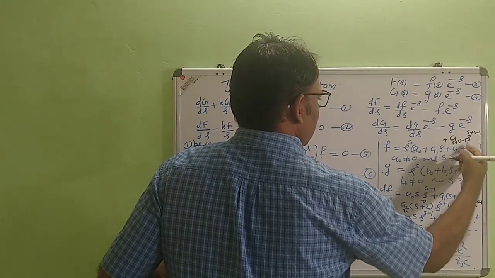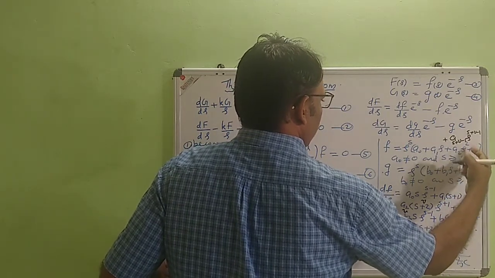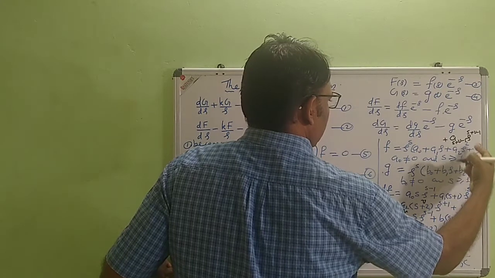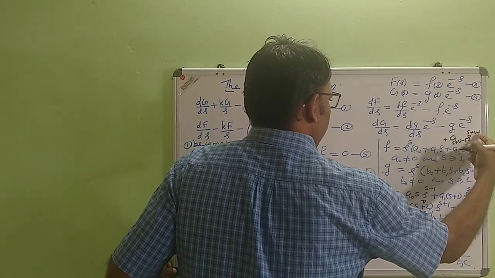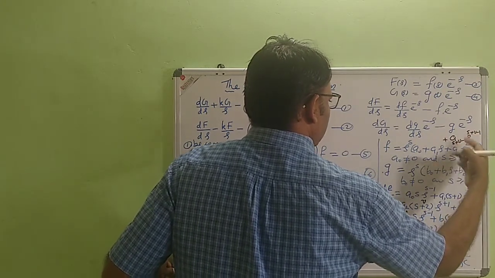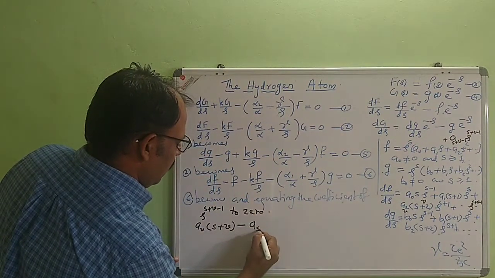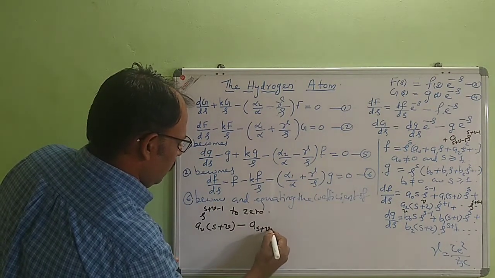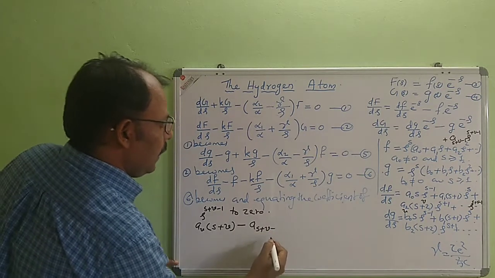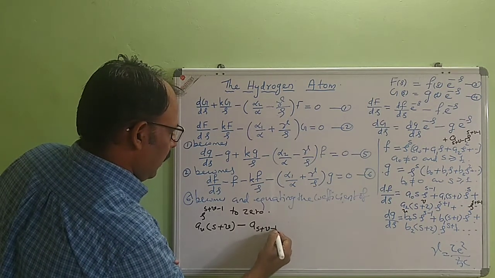This term and this are the same: a2 rho square, a3 rho cube. Like that, rho raised to S plus v minus 1, its coefficient will be a S plus v minus 1. So here it will be a S plus v minus a S plus v minus 1.